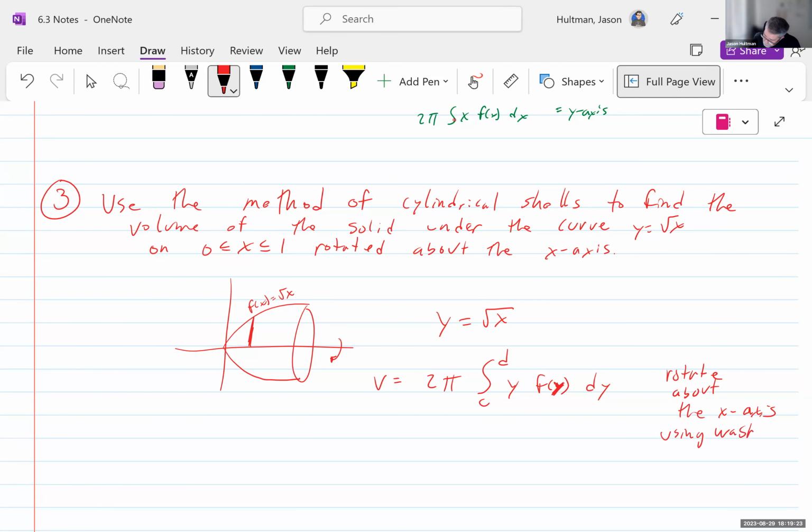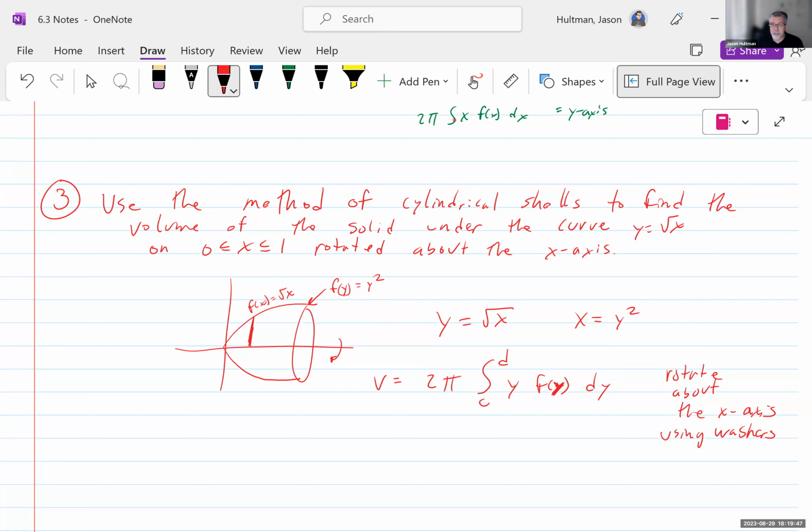using washers. So we just have to solve this guy for x, which is actually pretty easy because it just becomes y squared. Okay, so this guy, here is now f of y, which is y squared.